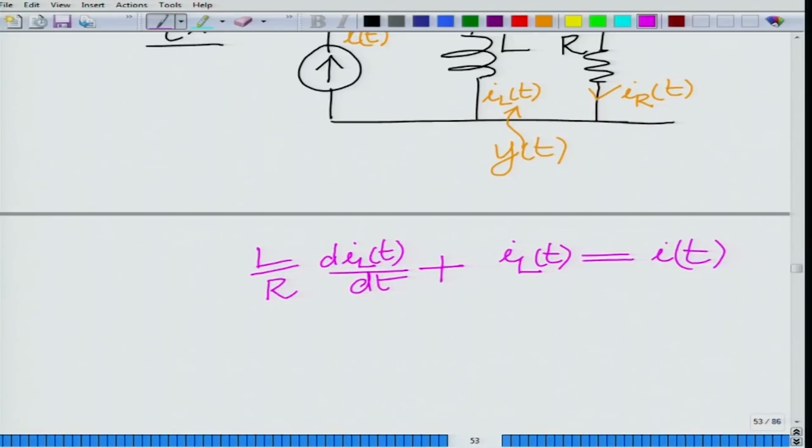Okay, so this is the differential equation. So this simple circuit, which comprises a current source in parallel with an inductor and resistance, we have shown can be represented by a differential equation.